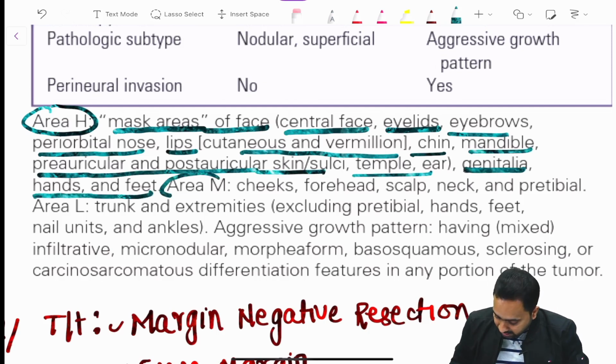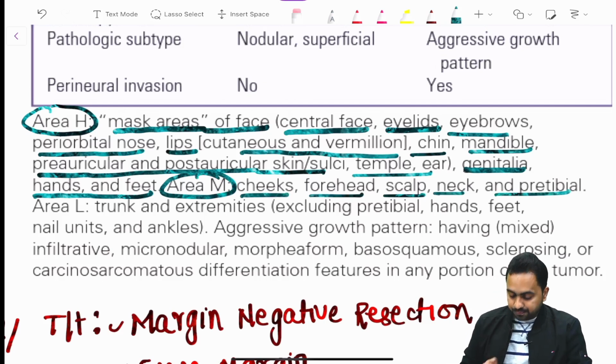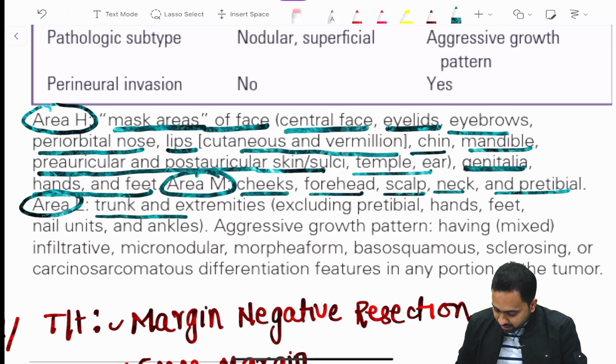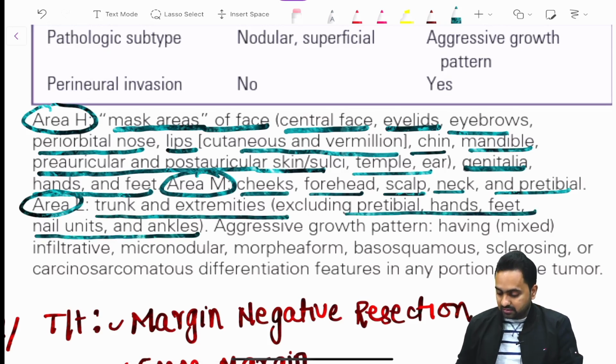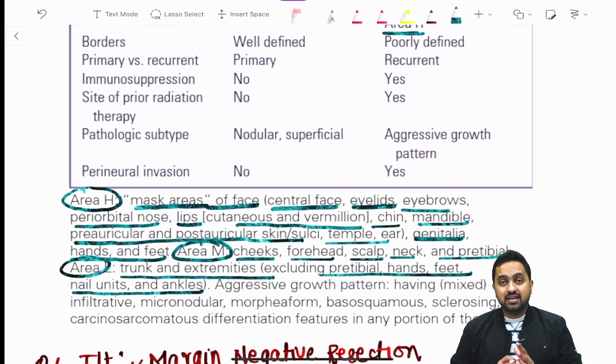Then you have your area M, which includes cheeks, forehead, scalp, neck, pretibial, and your area L, that includes your trunk and extremities, excluding pretibial, hands, feet, nail units and ankle, right. So this is your classification of area H, M and area L.